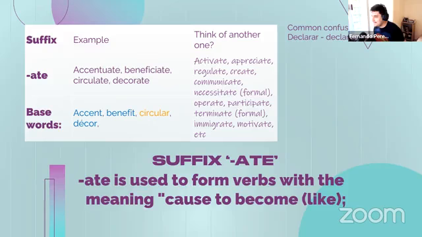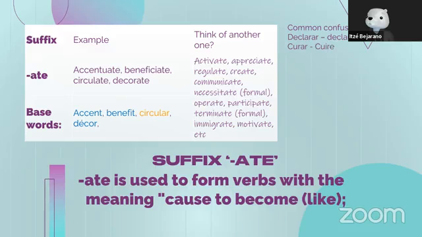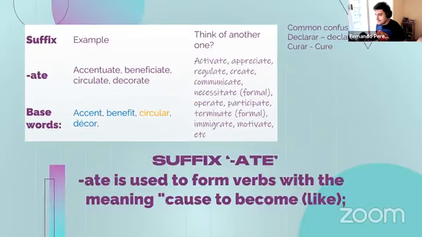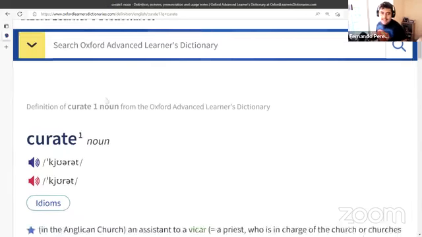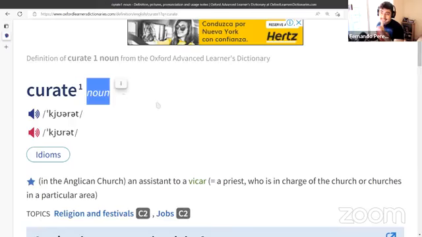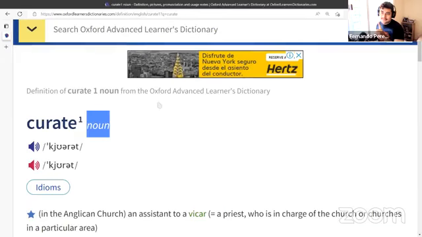We have another one. Curar. It's not curate. Cure. Very good. Well, for example, we have curate. I think it exists. It exists, but look, it's a noun. You see? And you will probably see words that look similar to the rule, but they don't correspond to the rule.